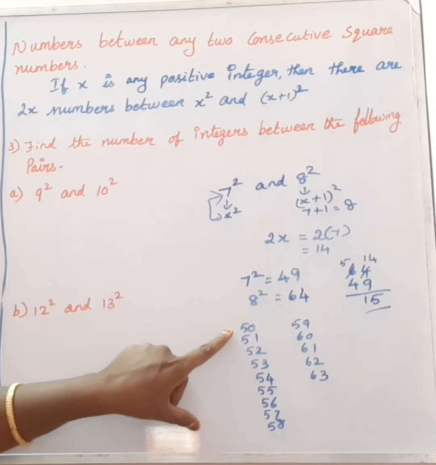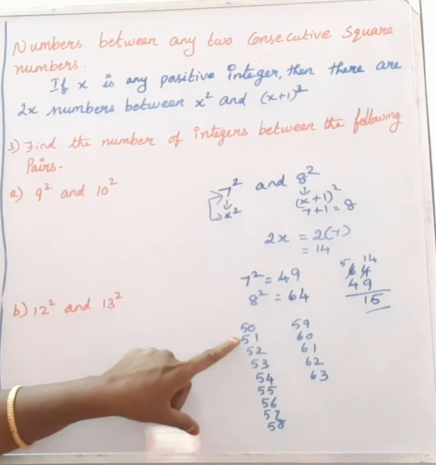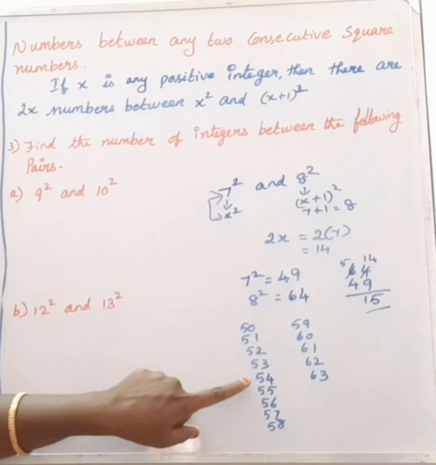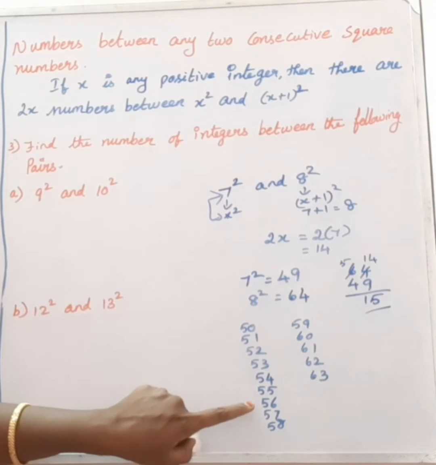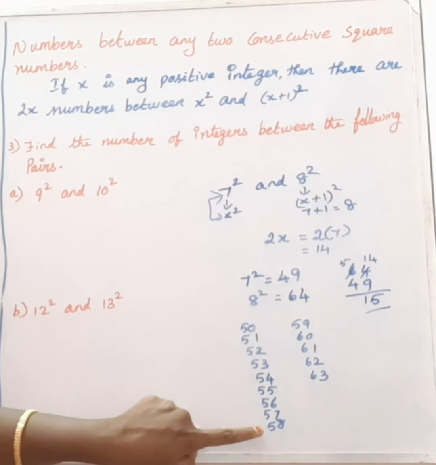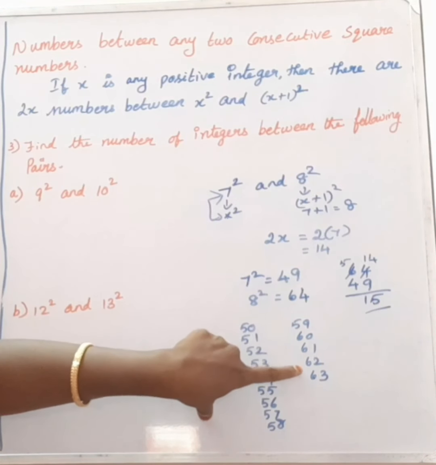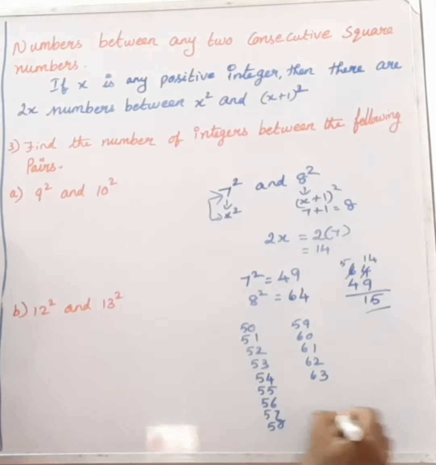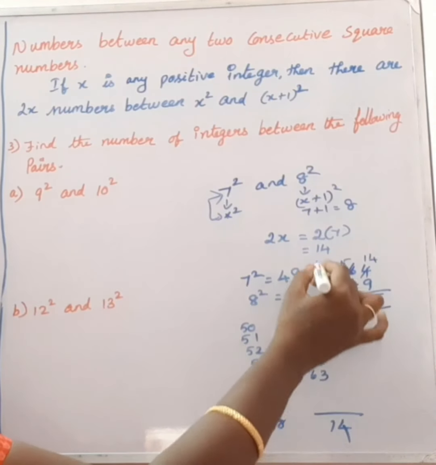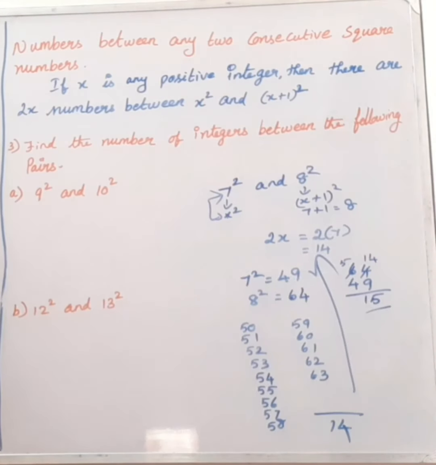So how many numbers are there? 1, 2, 3, 4, 5, 6, 7, 8, 9, 10, 11, 12, 13, 14. Now we get 14 numbers and the formula answer is also 14. Now we proved this. We have verified this.